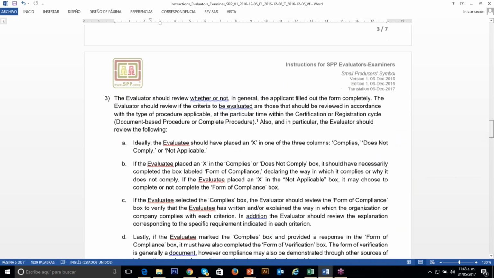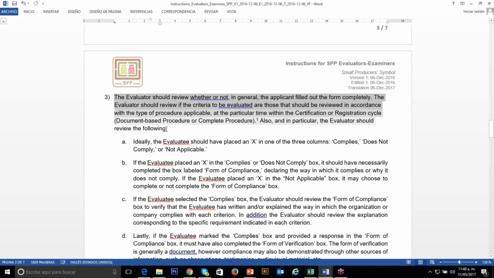And finally, number 3, the most important, because in the evaluation form we only reviewed some examples of the criteria presented in the general standard, the critical criteria, and one example of a continuous improvement criterion.